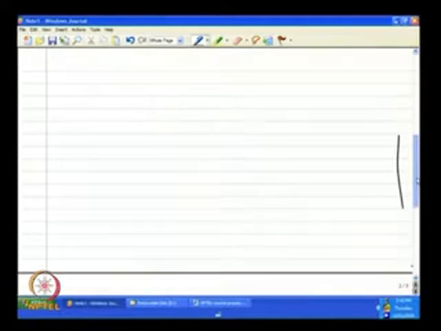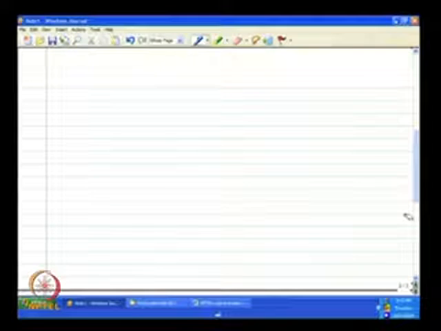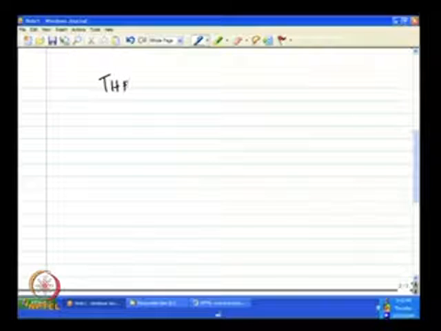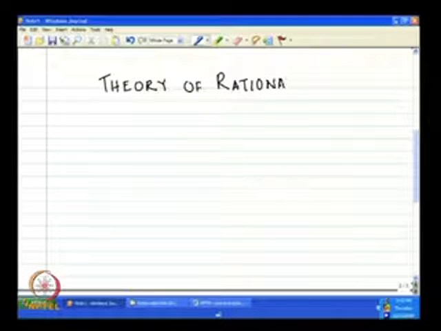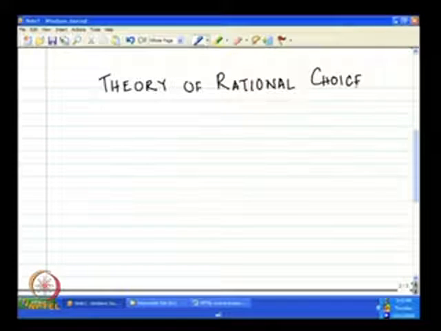Now let me go to the next theme here, which is that in this entire course, at the back of our mind, what we shall have is what is known as the theory of rational choice.